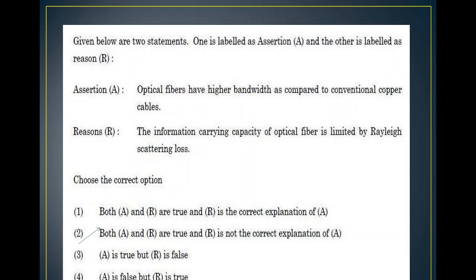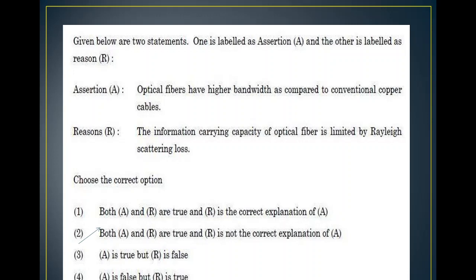Next, given the following statements, once again assertion A: optical fiber has a higher bandwidth as compared to conventional copper cable. Reason R: the information carrying capacity of optical fiber is limited by Rayleigh scattering loss. Correct option.